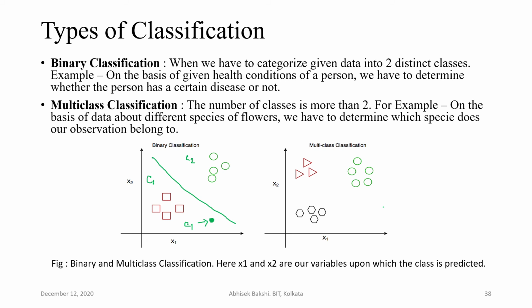So what is done is that multi-class classification is considered as several steps of binary classifications. Here I have three classes: this is class 1, this is class 2 and this is class 3. Initially the model finds a line that can separate class 1 from class 2 and class 3 only.